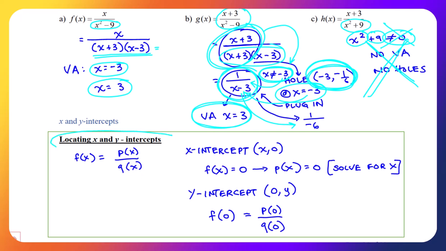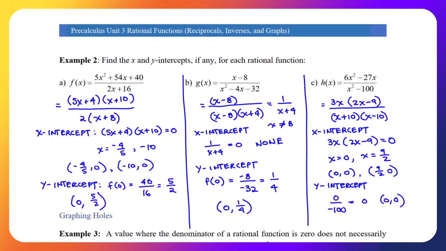A review for locating intercepts. If we want to find the x-intercept, y is 0. And if we want to find the y-intercept, x is 0. So I take this, it factors. To find the x-intercept, y is 0. So I set the fraction equal to 0. When a fraction is 0, just the top is 0.